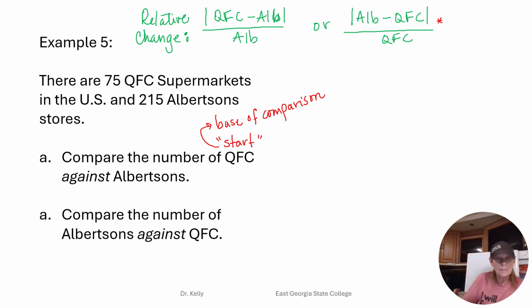So let us set this up. So we would have the absolute value of 215 minus 75 all over 75. And when you do the math there, you get 140 over 75, which is 1.867.